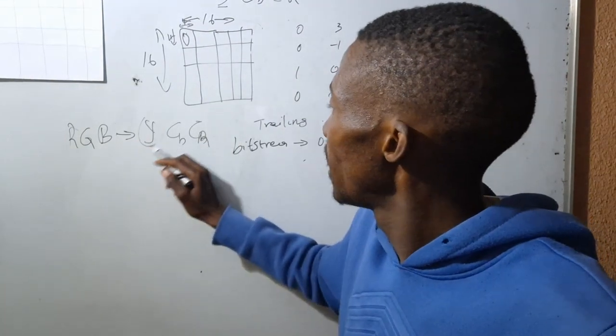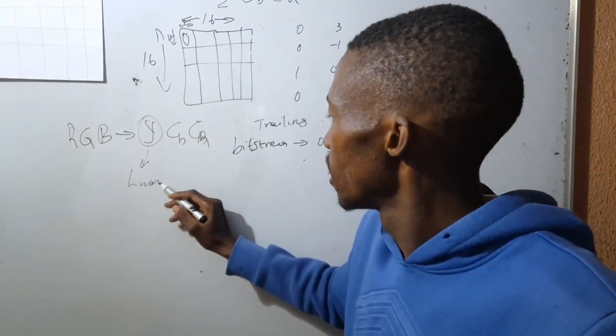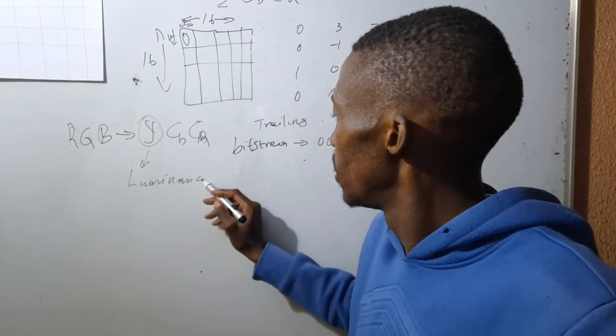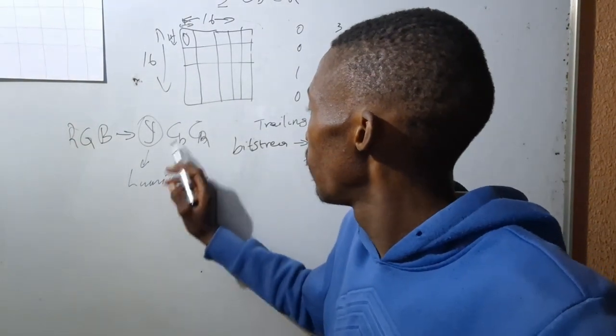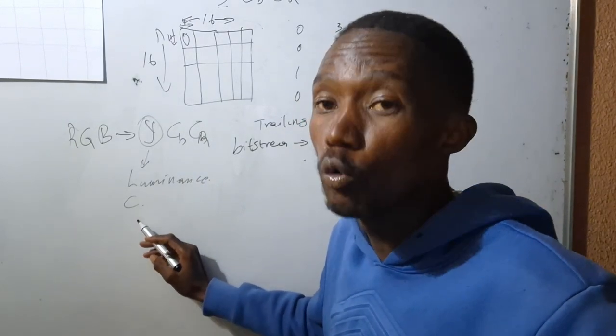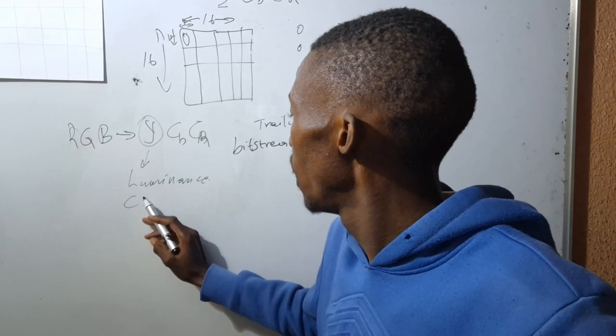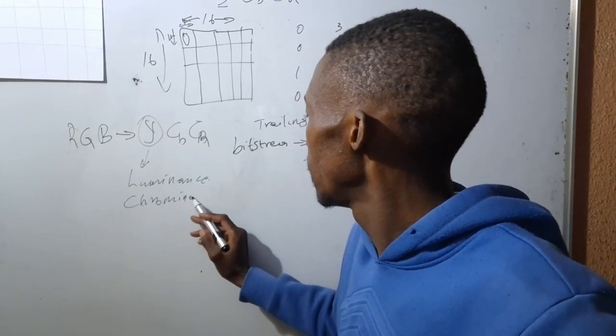The Y in YCbCr is for luminance, which is basically how bright that pixel is. Then we have the Cb, the chrominance blue component, and then the Cr, the chrominance red component.